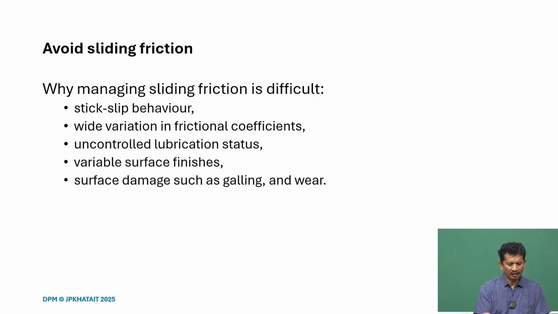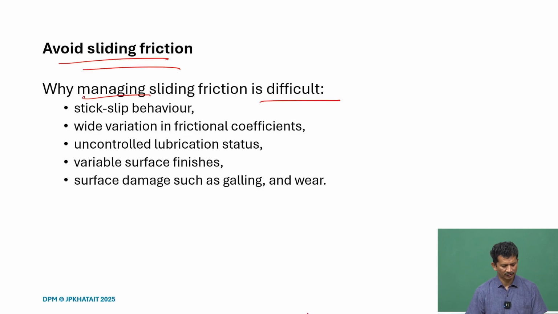So, why are we talking about friction? Why do you want to avoid sliding friction in the first place? Because managing it is very difficult. And what does it mean? Near zero speed there is stick slip behavior. The two components try to stick, and as we try to move, they suddenly move.